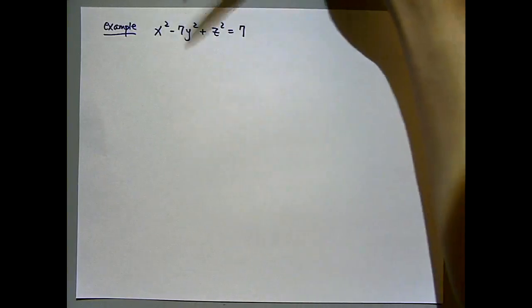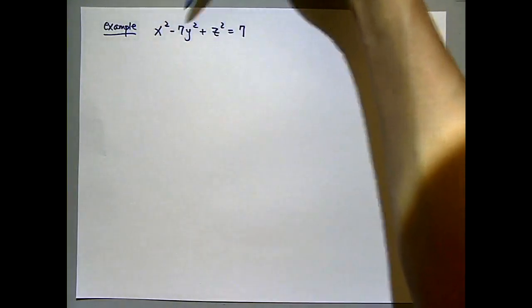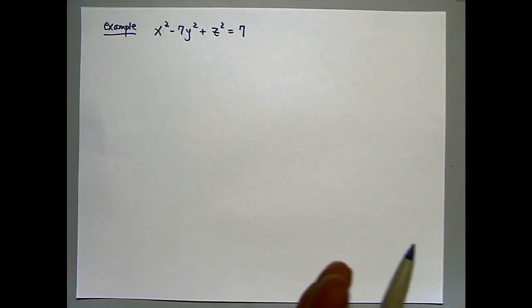Last time we had negative plus negative plus. Now we have plus, minus, plus, plus. And we'll see what happens. We expect kind of the same shape, but there's a sign change in two of these variables. So something must be different.